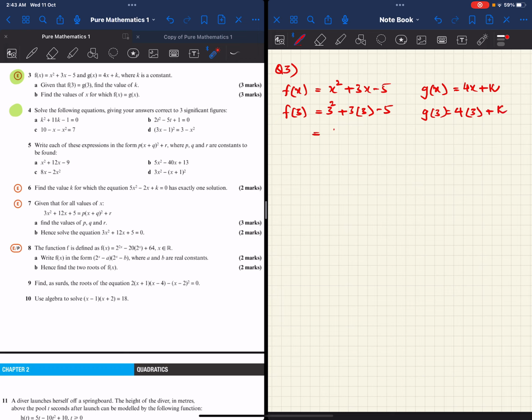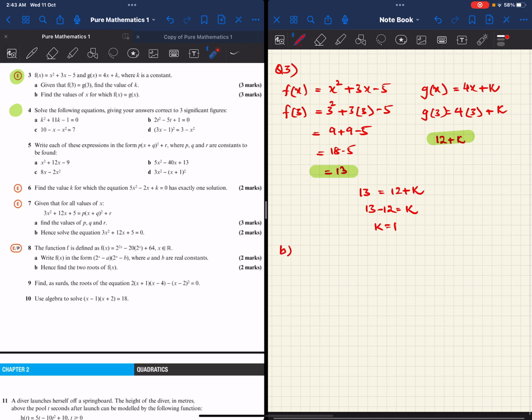So we have here 9 plus 9 minus 5, which is 18 minus 5, which is equal to 13. And here we have 4 3s are 12 plus k. Since both of them are to be equated, we will equate 13 is equal to 12 plus k, and 13 take away 12, k is equal to 1. That answers the value for k.